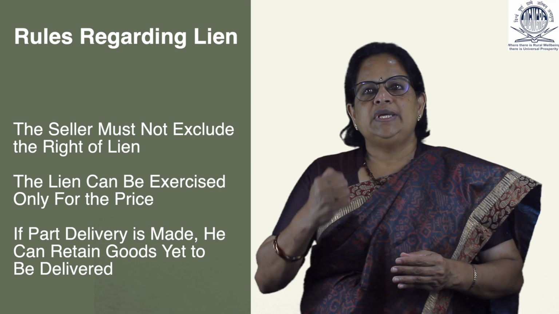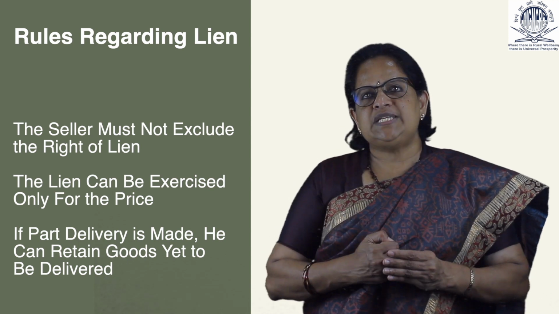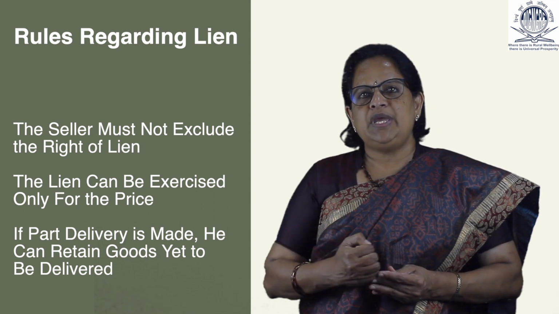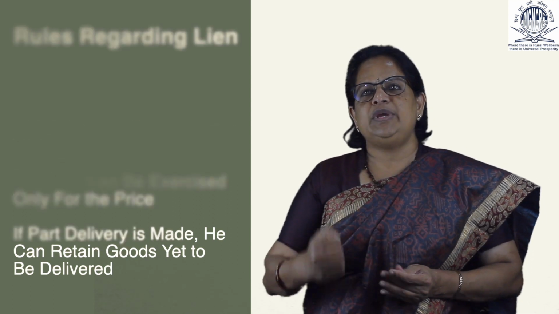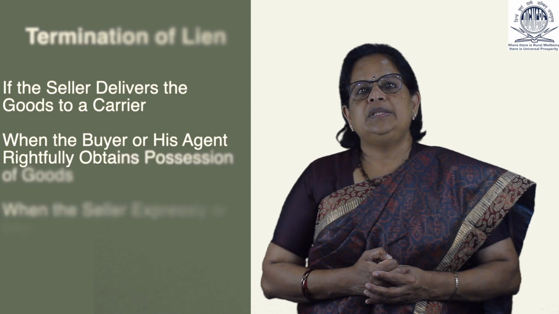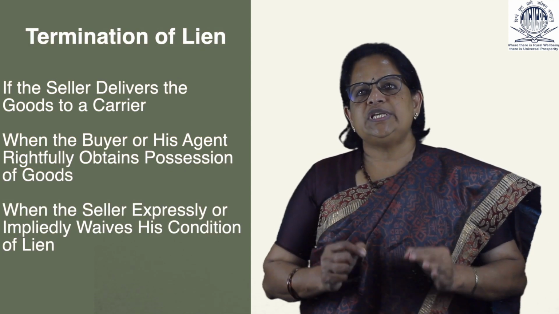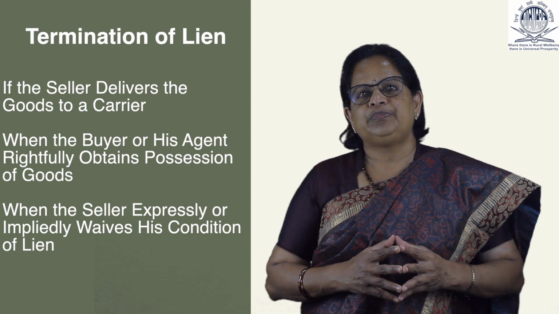Fourth point is, if the unpaid seller has made part delivery of the goods, he can retain the remaining goods till the payment is made by the buyer. The unpaid seller loses his right of lien on the goods in the following circumstances.